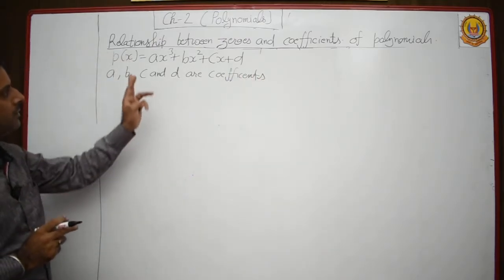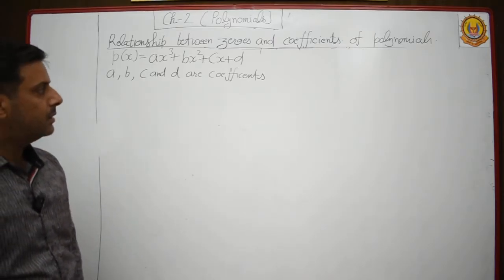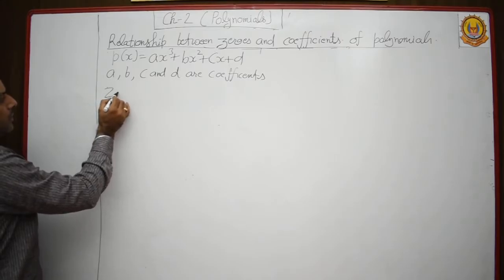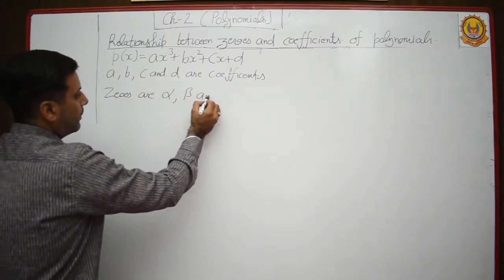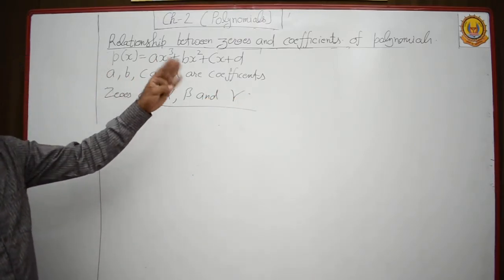The number of zeros is 3. By the hit and trial method, which you know very well, and the zeros are alpha, beta and gamma, you have to assume, you can find the zeros.